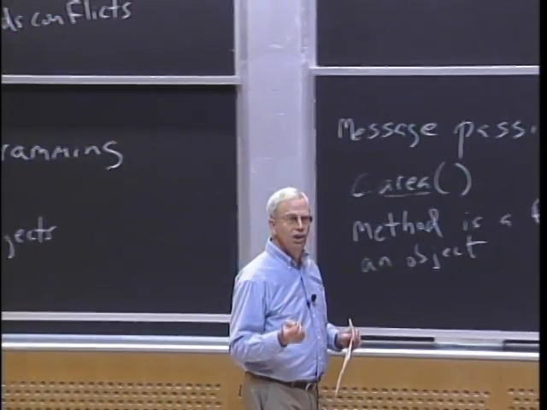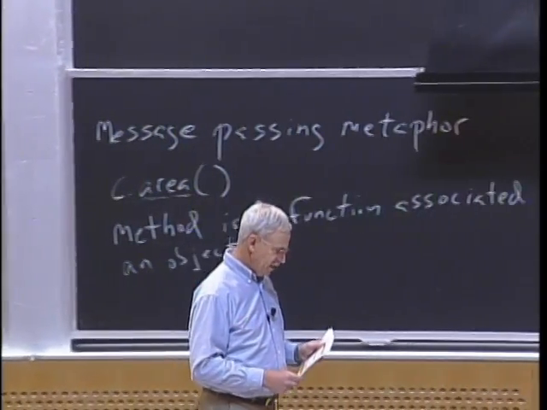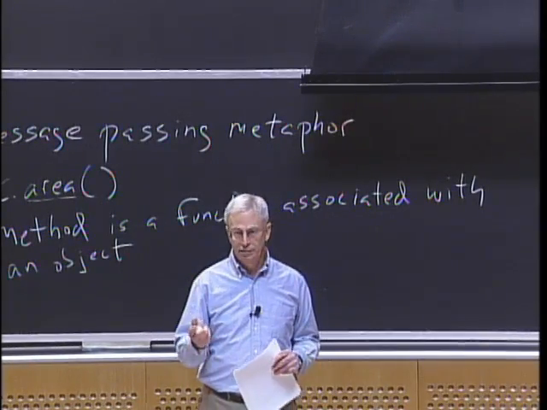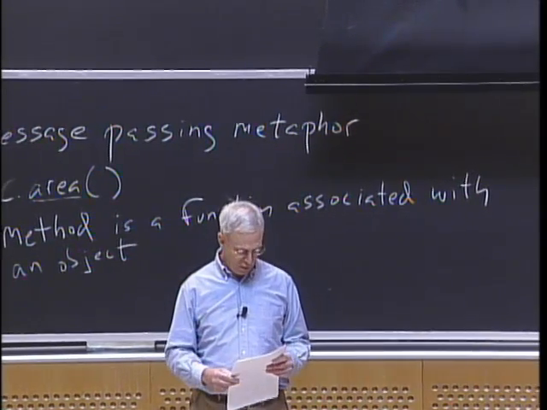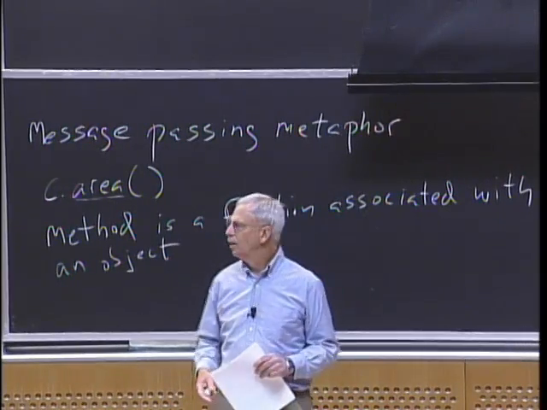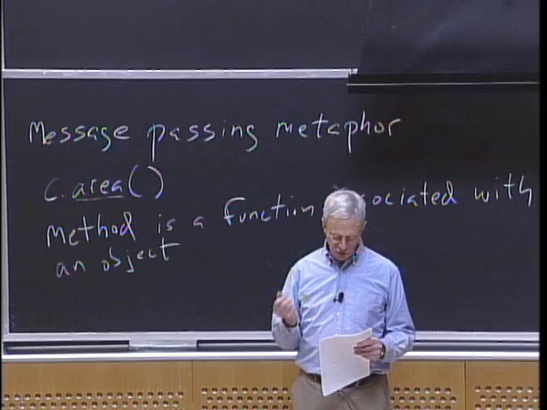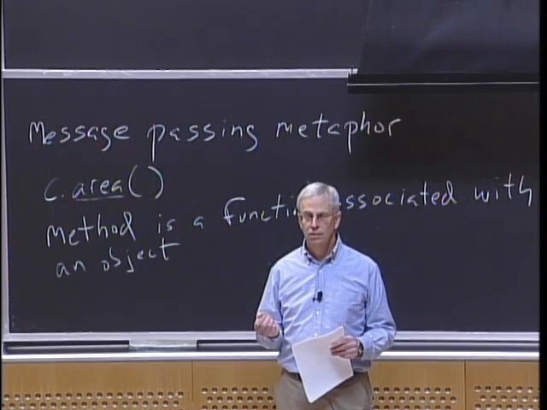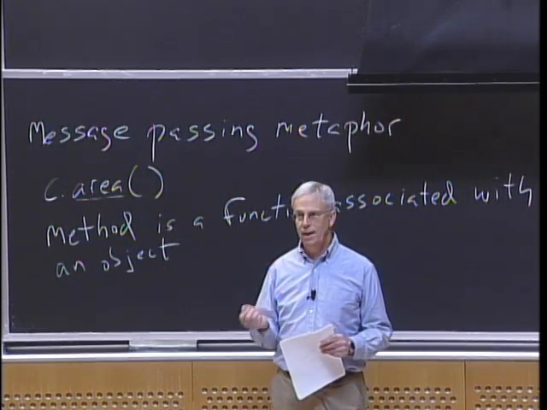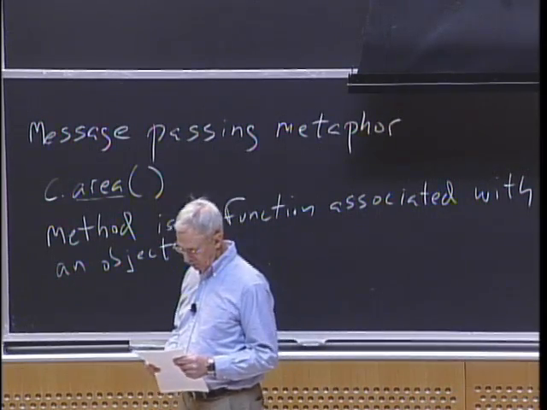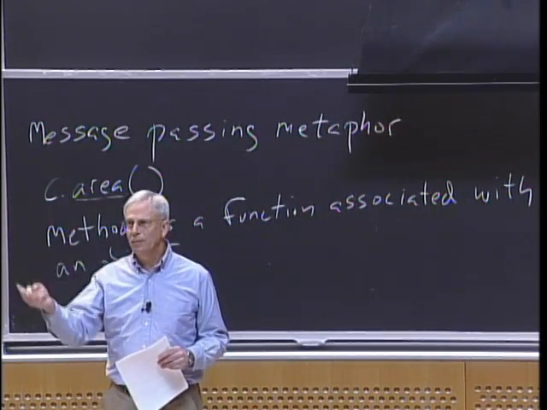Now, just as data can have types, objects, as we know, have types. What a class is, it's a collection of objects with identical characteristics that form a type.